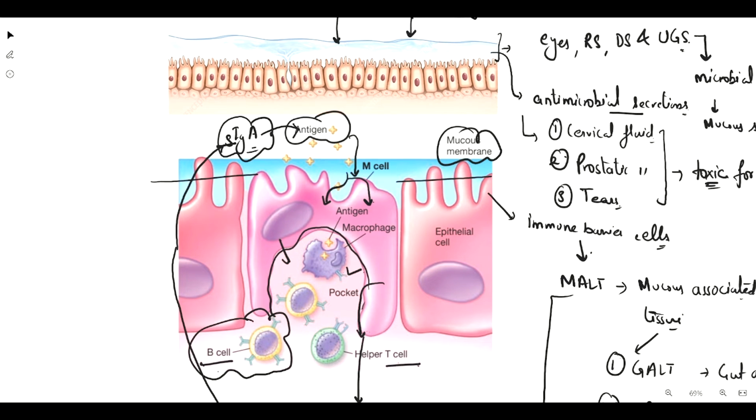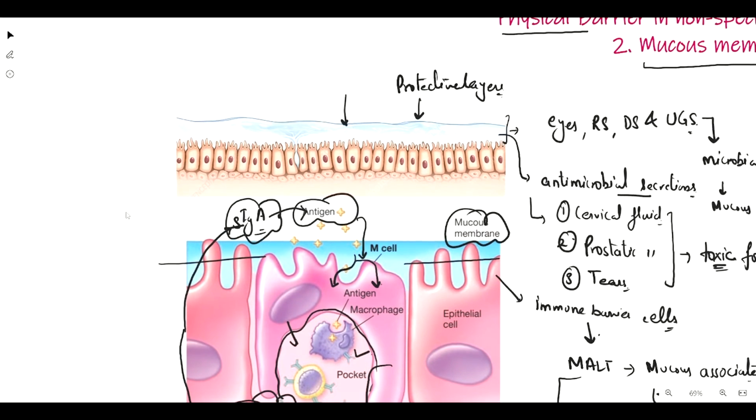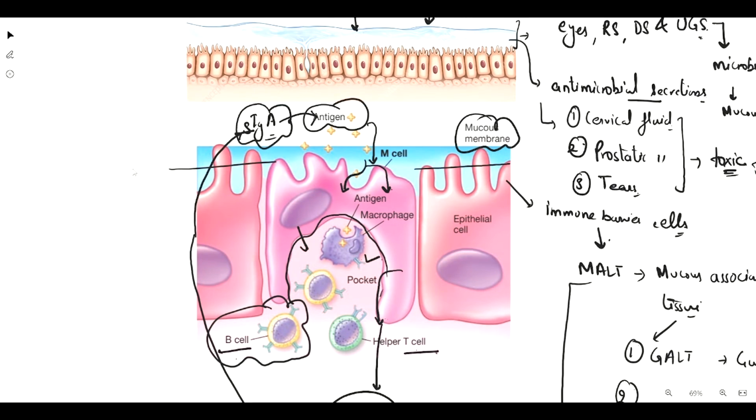So this is all about the mucous membrane and the mucosal associated cells, which lead to the neutralization of antigens. If we revise it, your mucous membrane contains certain secretions which are toxic for foreign substances.